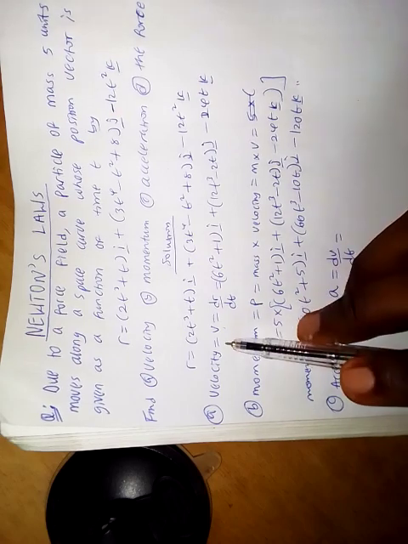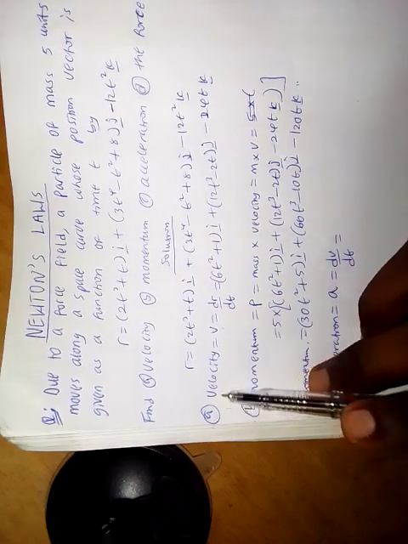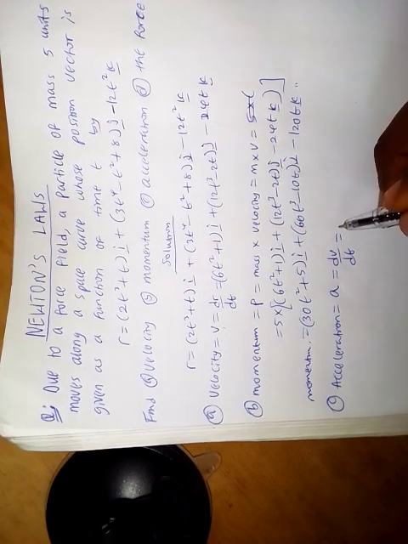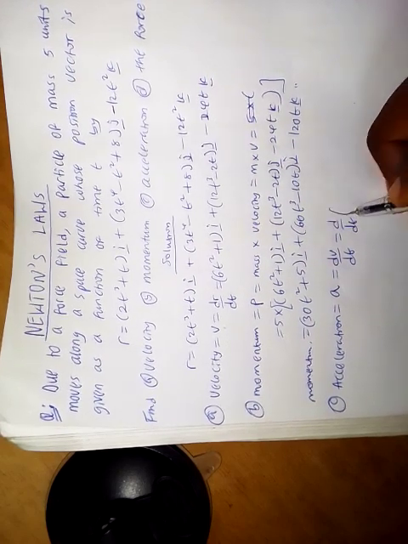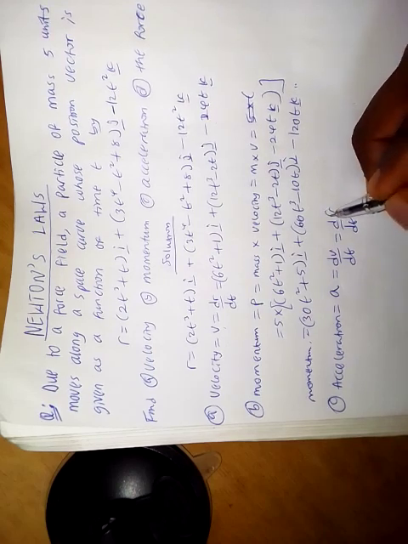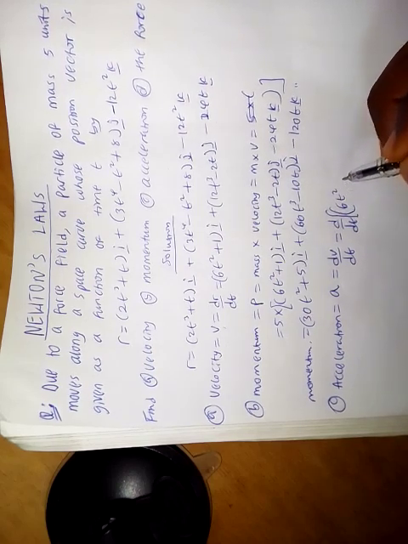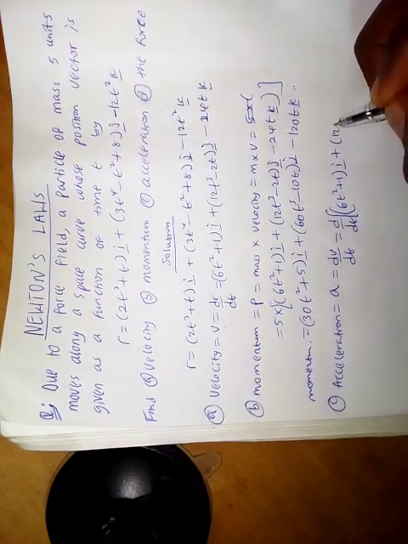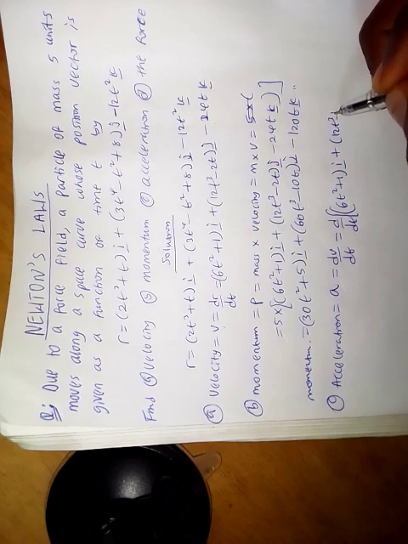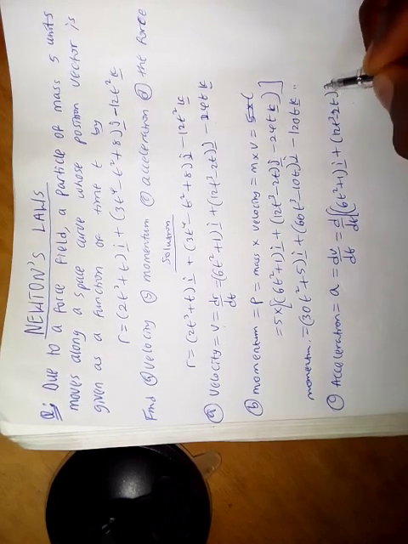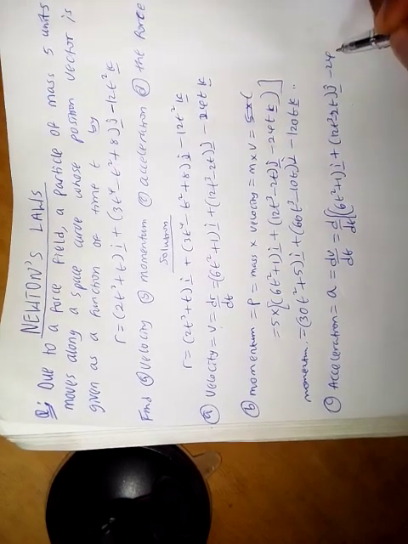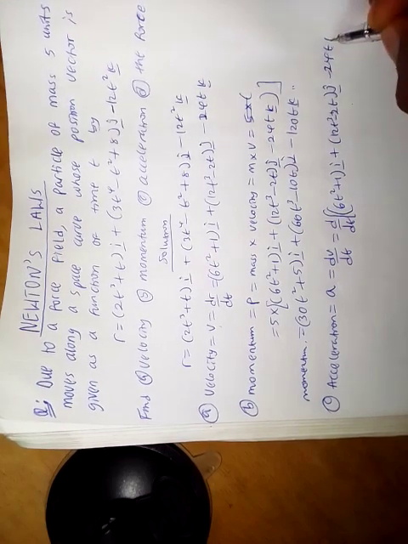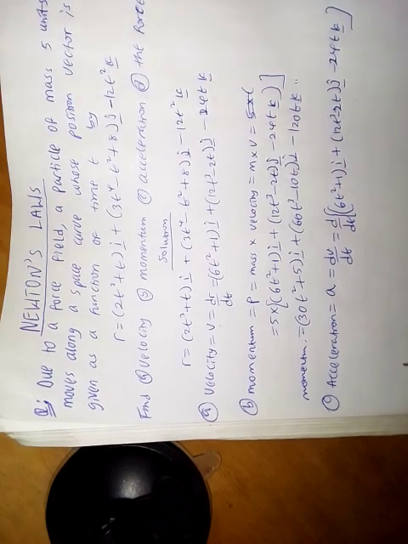So when we differentiate the velocity that we obtained in part a, we have the derivative of this: (6t squared plus 1) i unit vector plus (12t cubed minus 2t) j unit vector minus 24t k unit vector.